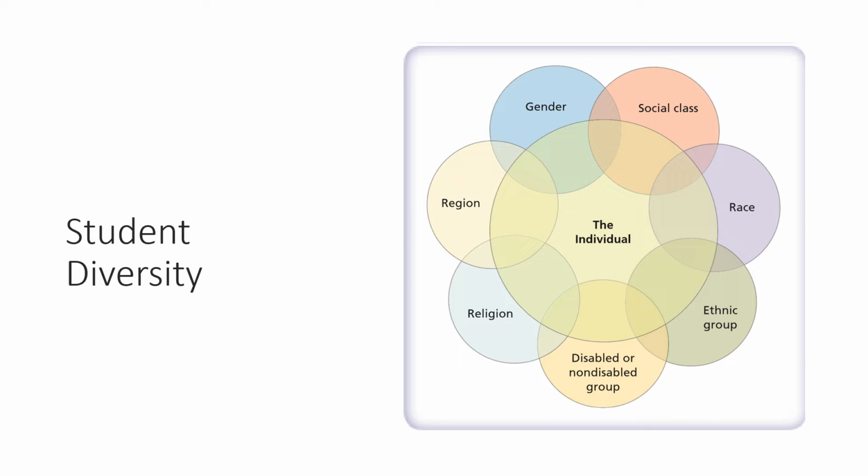Here's a chart showing you some of the ways that students may differ from one another. They may differ in terms of religion. They may differ in terms of whether they're disabled or they belong to a non-disabled group. Ethnicity, as we're going to see, is different than race. Students may differ from each other in terms of social class, in terms of sex or gender, and other ways as well.